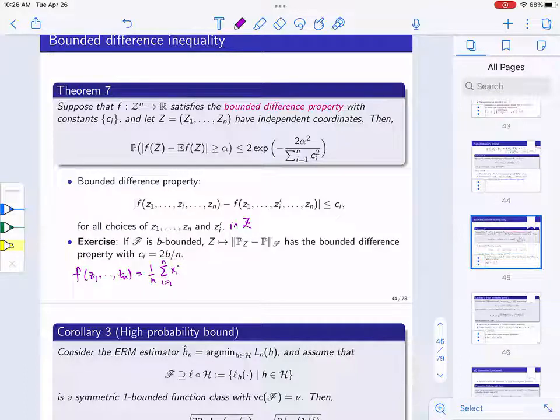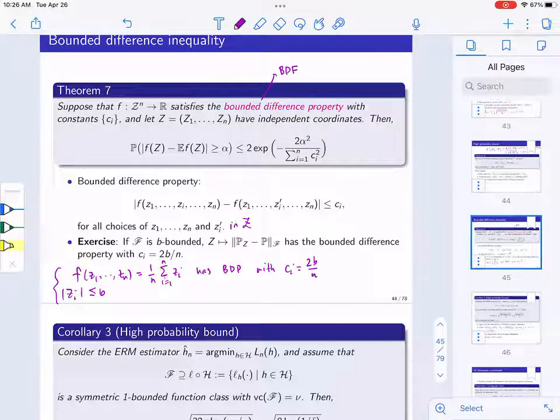So this has the bounded difference property, with ci equal to what? If I change one coordinate, this should be zi, assuming that the zi's are bounded, it's 2b over n.